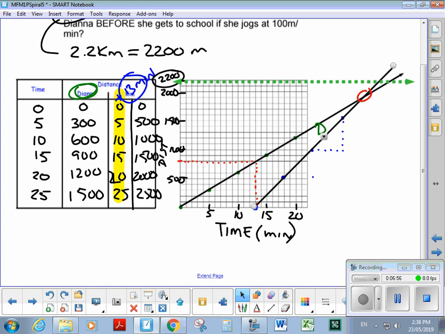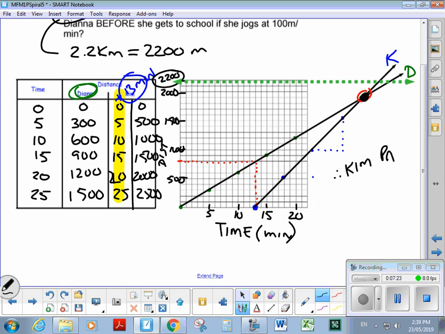who's going to get to school first? So who reaches the green line first? We said that this line is Kim. Diana is this line. Whoever gets to the green line first wins. So in this particular situation, Kim passes Diana. Here they are.